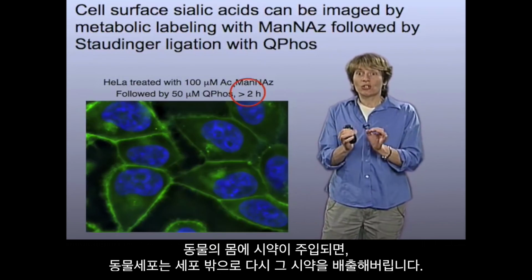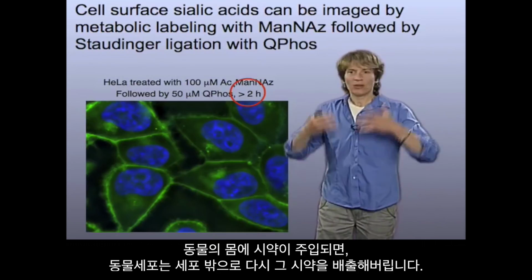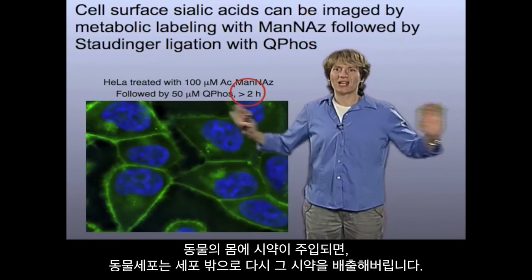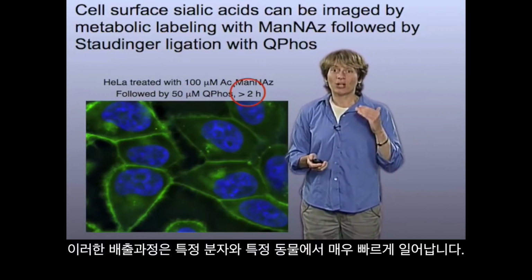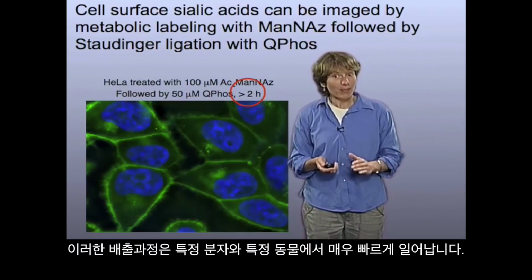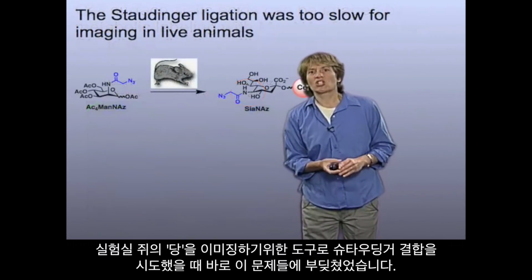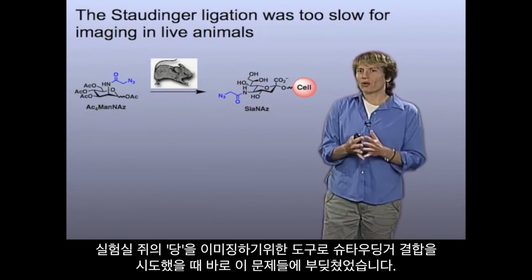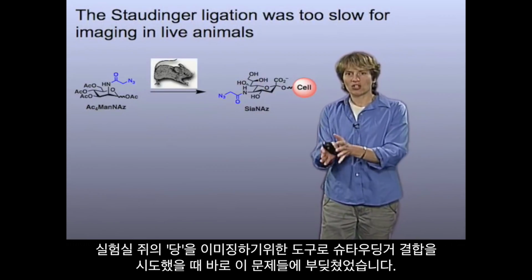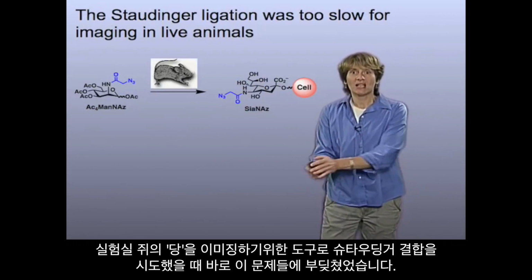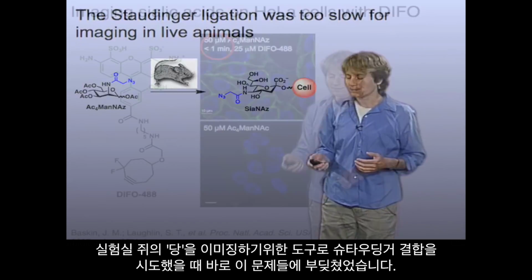As soon as you introduce reagents into their bodies, they're working on clearing those reagents right out again. And that clearance process can be very rapid for certain molecules and certain animals. In fact, when we started looking into the Staudinger ligation as a tool for imaging sugars in laboratory mice, we immediately ran into this problem.